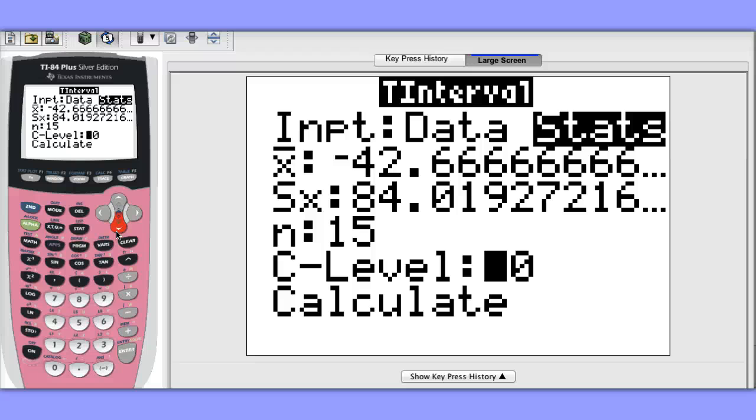So if we had a two-tail situation, we'd have 0.05 in each tail. 0.05 in each tail is 10% of the tails, 90% for our confidence level. So in other words, with a two-tail test, we would just say 95% if our alpha level was 5%. But because this was a one-tail test, we have to make this 90%. Let's go down to calculate and see how big a difference this really is.